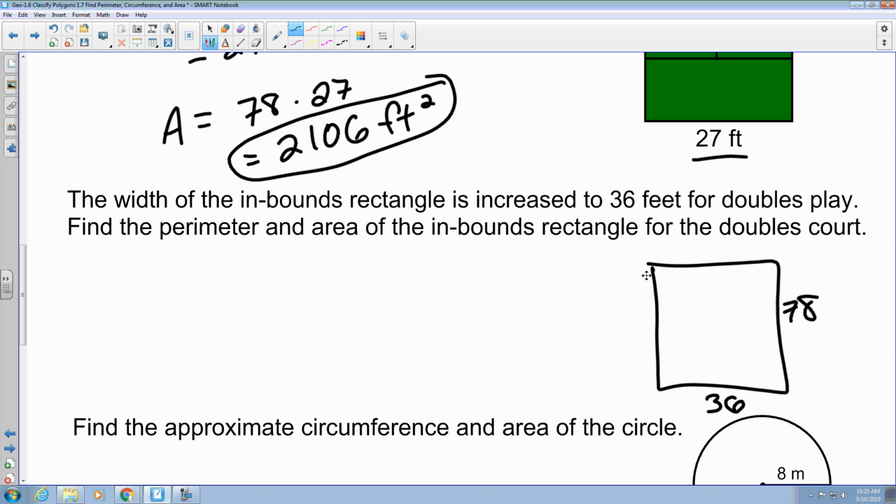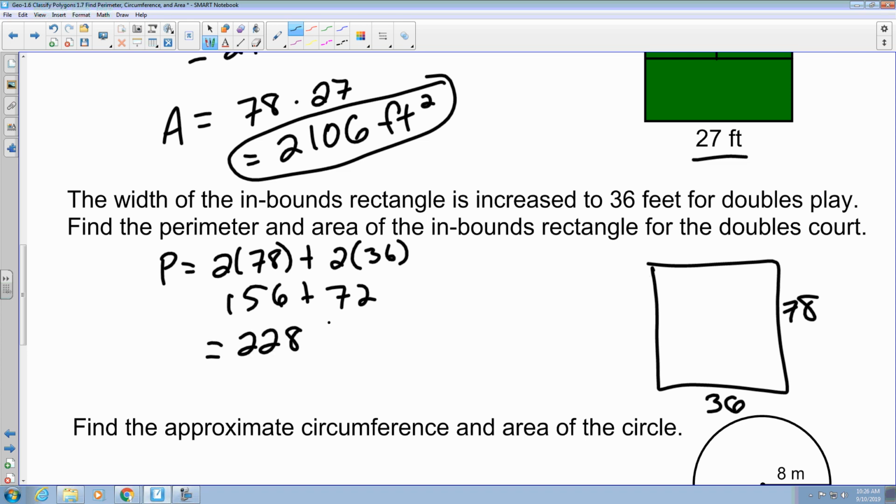So now we just do the exact same thing. Perimeter is 2L, which is 78, plus 2W, which is 2 times 36. So now I get 2 times 78 again is 156, plus 2 times 36, which is 72. Add those two together, we get 228 feet.